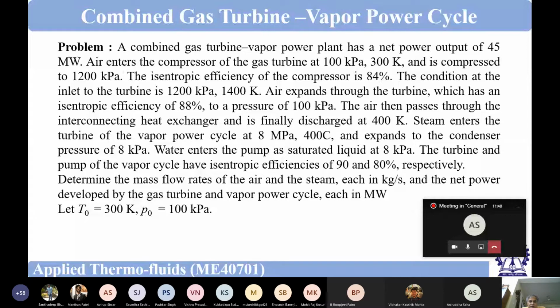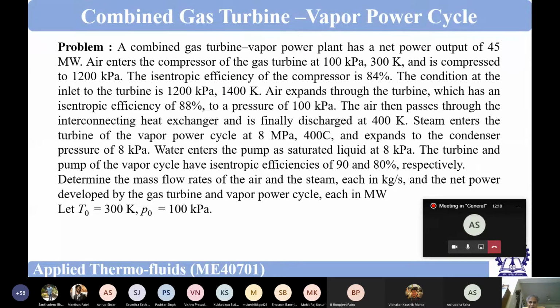The isentropic efficiency of the compressor is 84%. The condition at the inlet of the turbine is 1200 kPa and 1400 K. The air expands in the turbine, which has an isentropic efficiency of 88%, to a pressure of 100 kPa.